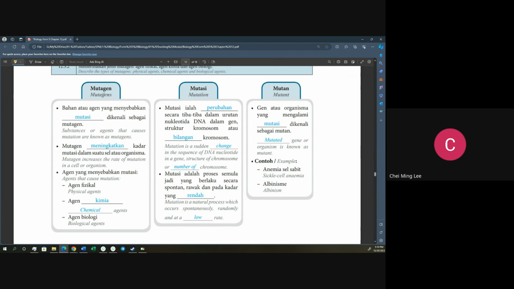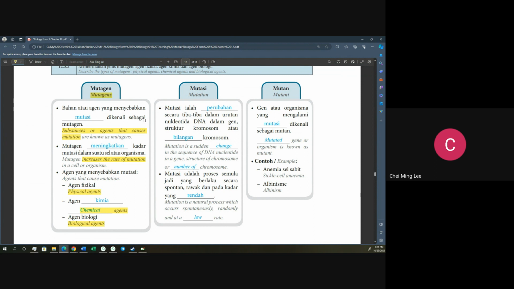So for mutagen, it's a substance or agent that causes mutation. It increases the rate of mutation in the cell or organism. The agents that cause mutation are physical agents, chemical agents, and biological agents. There are three types of them.